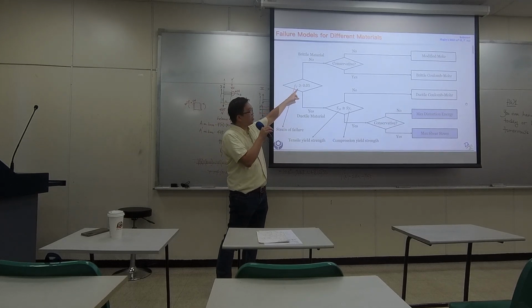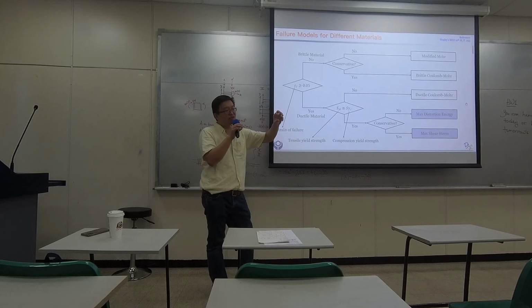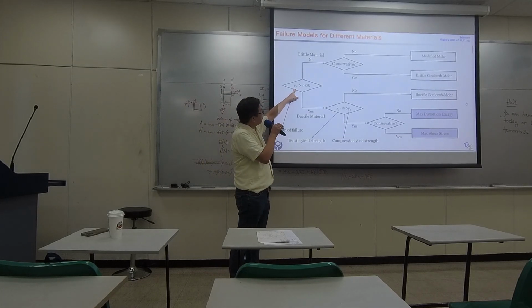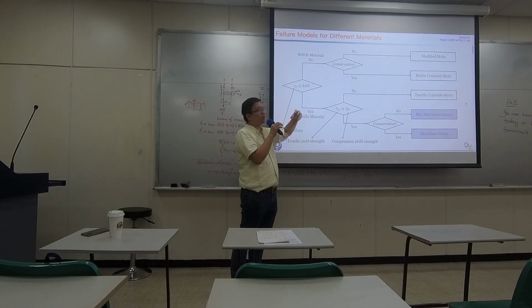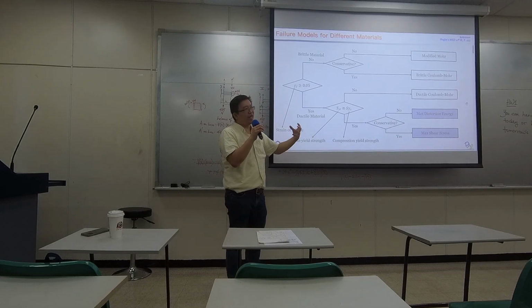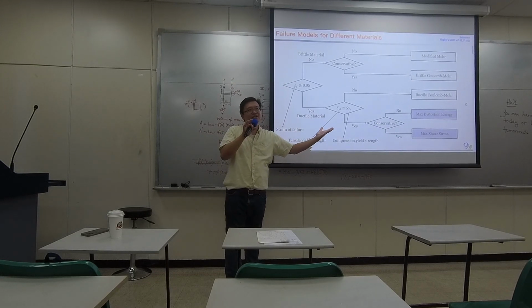So this means the strain you have when it fails. If this value is larger than 5%, for example, rubber probably breaks when it elongates up to 50%.